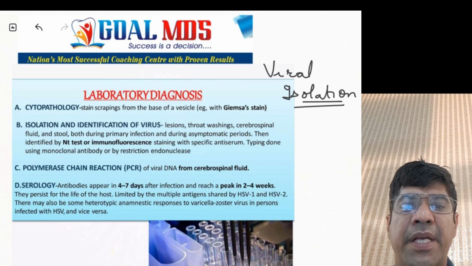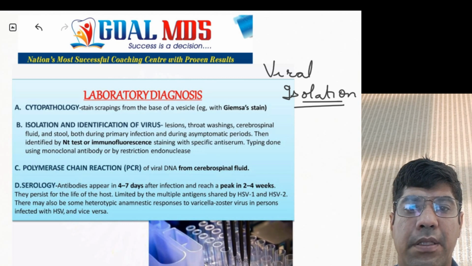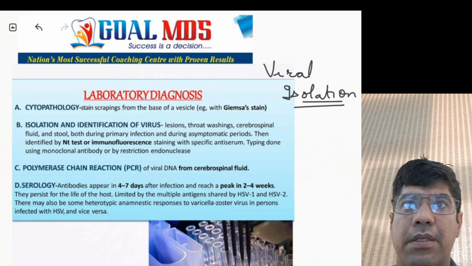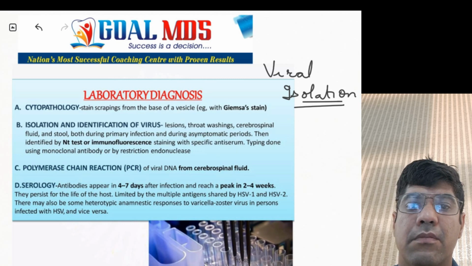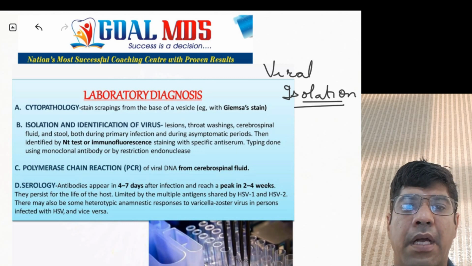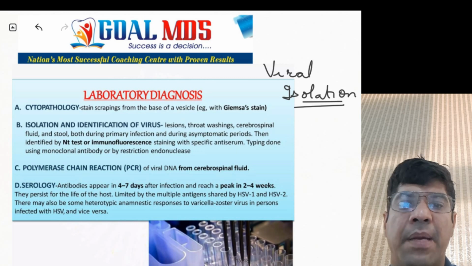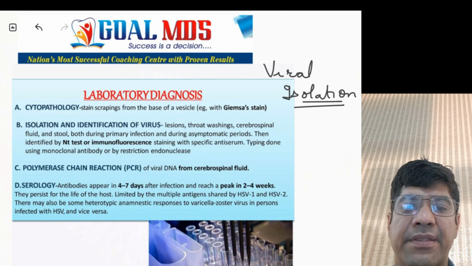Third, cytological smear and tissue biopsy are common methods. Additional tests like direct immunofluorescence, immunohistochemistry, and PCR provide a more definitive detection of herpes simplex virus.